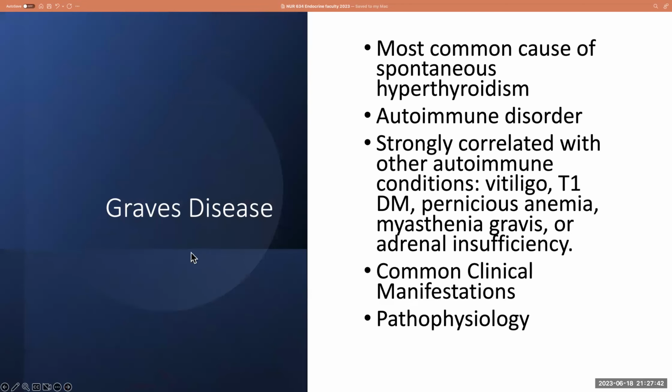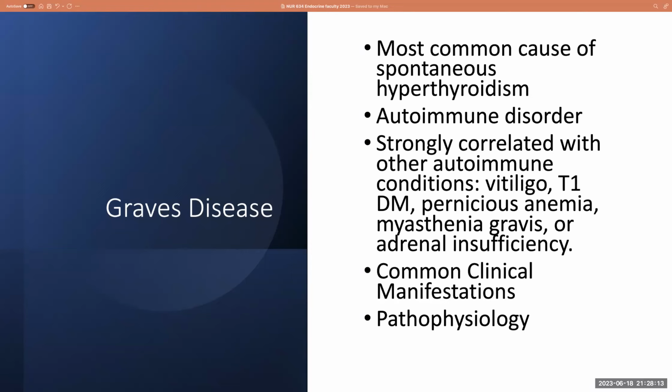So let's talk about Graves' disease. It's the most common cause of spontaneous hyperthyroidism. It is an autoimmune disorder. It's strongly correlated with other autoimmune conditions such as vitiligo, type 1 diabetes, pernicious anemia, myasthenia gravis, adrenal insufficiency. These are some of the ones that can be correlated with it.